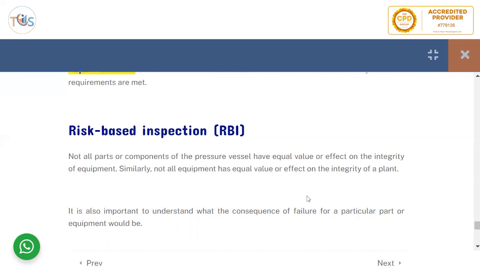For example, if there is a one-off vessel that can shut down the whole plant, but the probability is very low. It's like flying in an airplane: if the jet engine fails it is a catastrophe, but the probability of all the engines failing is very low. So as you can see, the risk is much lower than driving a car.